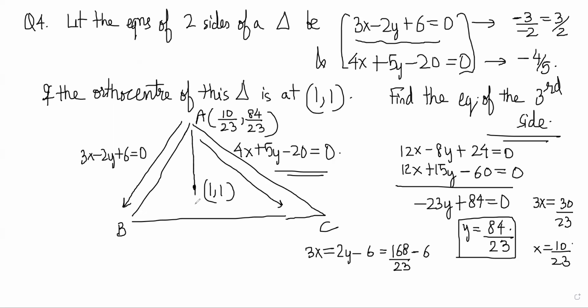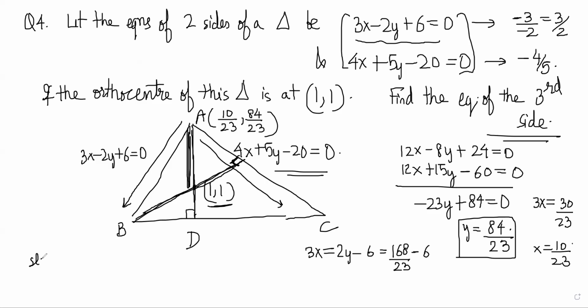So the orthocenter is the point where all three altitudes intersect, right? So if I draw an altitude from A to this AD, and if I draw an altitude from B to here, BE, the altitudes intersect at the orthocenter, right? So automatically, what I will know is the point 1, comma 1, and A we already know. So slope of AD we know, right?